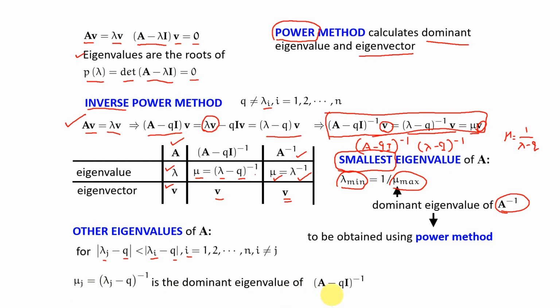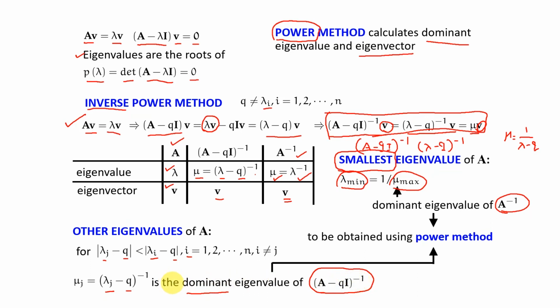For the matrix (A minus QI) inverse, if I select Q very close to lambda j, then Q minus lambda j is very small. That means (lambda j minus Q) to the power minus 1 is very large, and in fact this mu j, which is (lambda j minus Q) to the power minus 1, will be the dominant eigenvalue of (A minus QI) inverse.